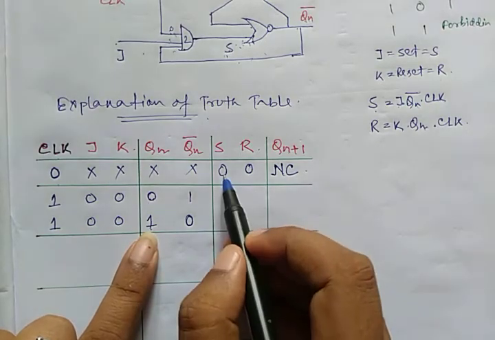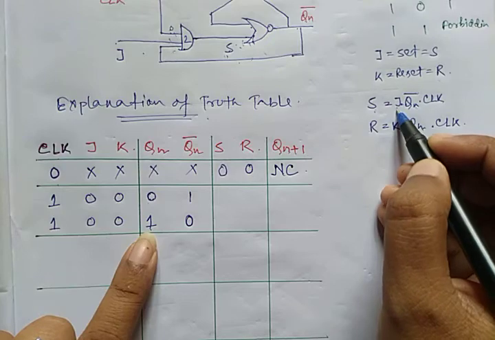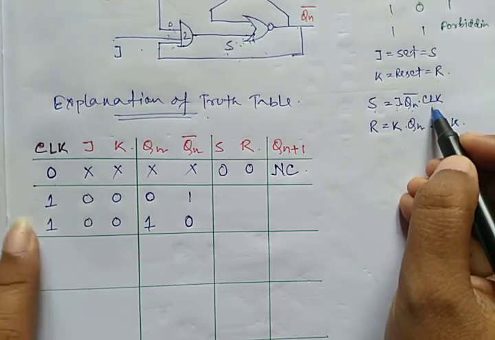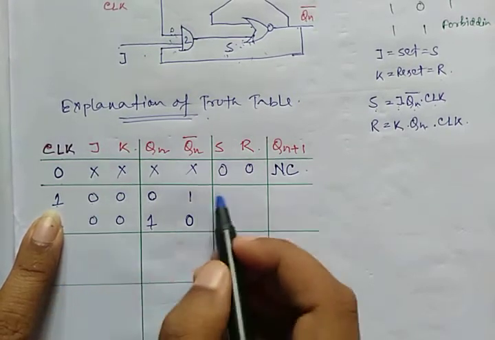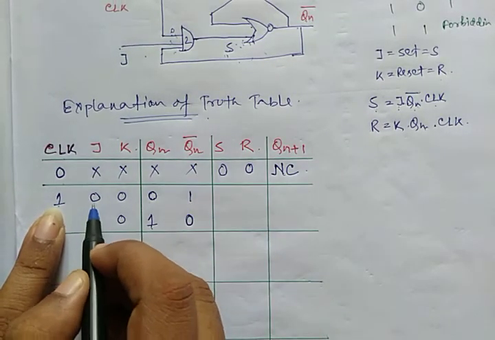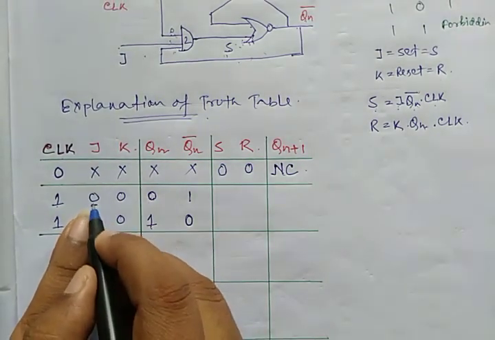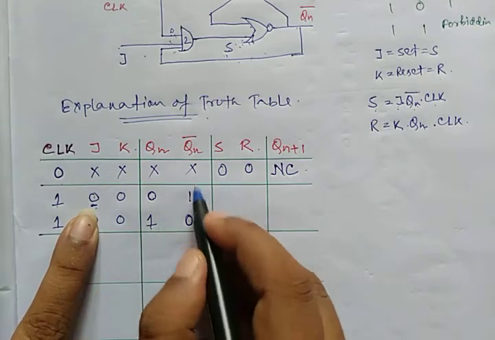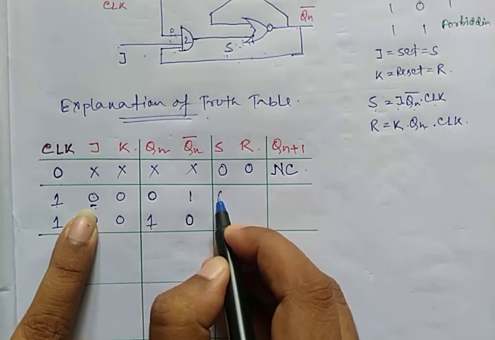Now we have to find out S and R. For S, our values are J, Qn bar and clock. So clock is 1, J is 0 and Qn bar is 1. As there is a 0 input in the signal, the output obviously will be 0.